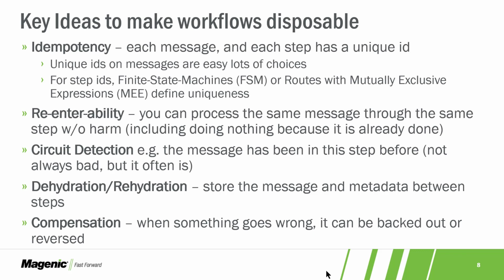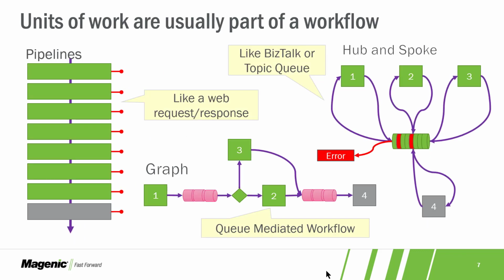Or we have built up some sort of routing system with mutually exclusive expressions. And that one requires just a tiny bit of explanation. So in the graph model, you can see we go from 1 to 2 or 3. And the choice about whether or not to go to 2 or to 3 should be mutually exclusive. And so typically in these systems, we're either using a finite state machine to make the decision.